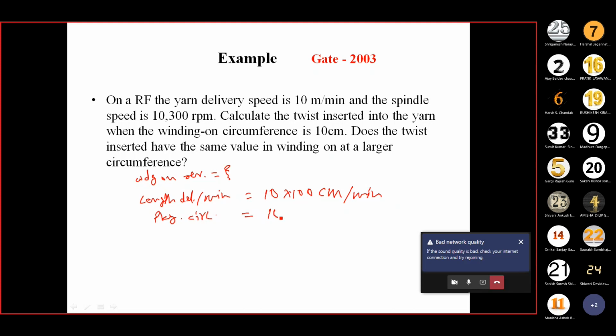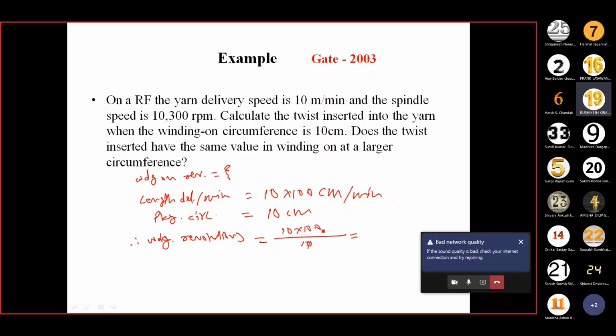Your package circumference is 10 centimeter. So therefore, winding revolutions is equal to, as we have discussed earlier, length delivered divided by circumference. Right? What will be the answer?